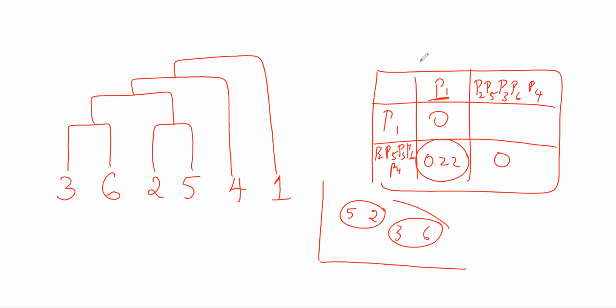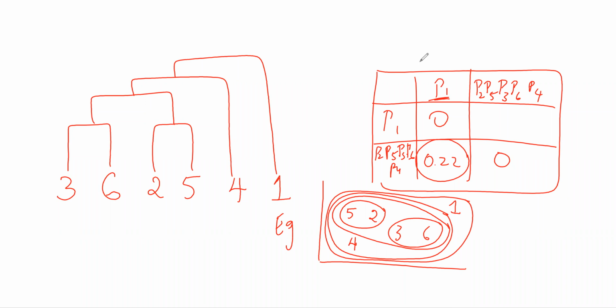This is clustered together, and then came 4. 4 is clustered, and then came 1, the final data point, and I'm going to cluster that with it. So this is from the given example.